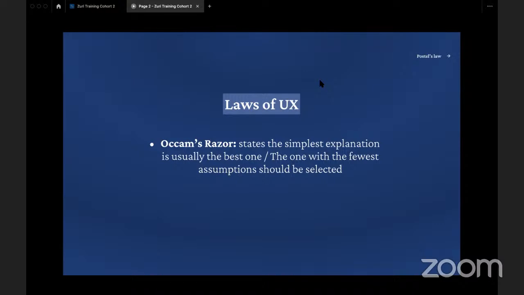Because trust me, when you overload your users with a lot of explanation, when you are trying to explain something that should be as short as possible, they get confused. This is not just about explanation, it's about design as a whole.